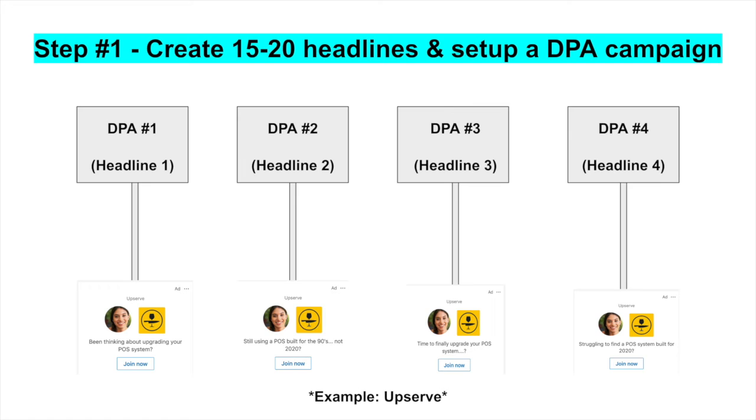By running this DPA campaign, it's not that expensive. You're not having to spend tens of thousands of dollars to get this going. This is not your big main campaign. The idea behind doing this is you're trying to understand what your market is going to be most receptive to, what headlines are really going to make them sit up and actually click.